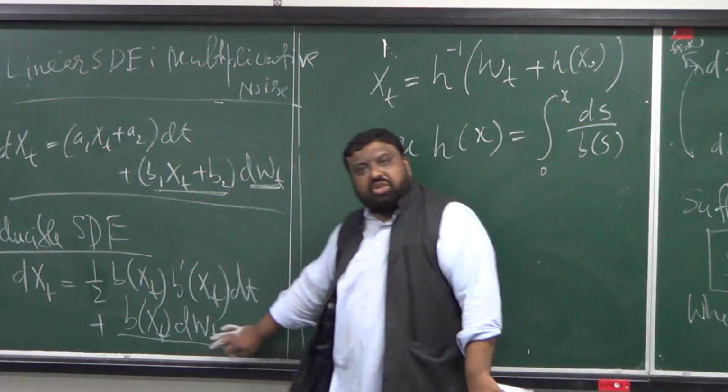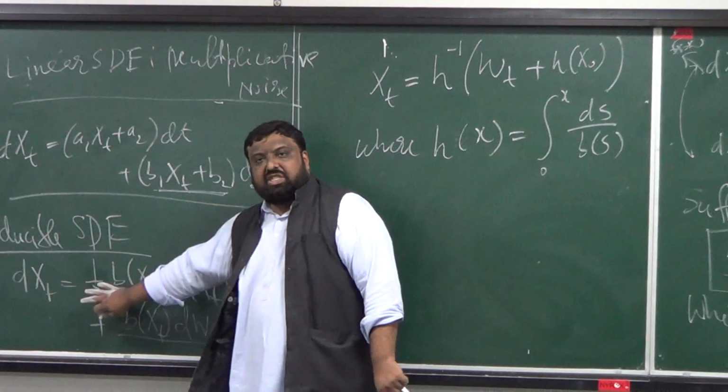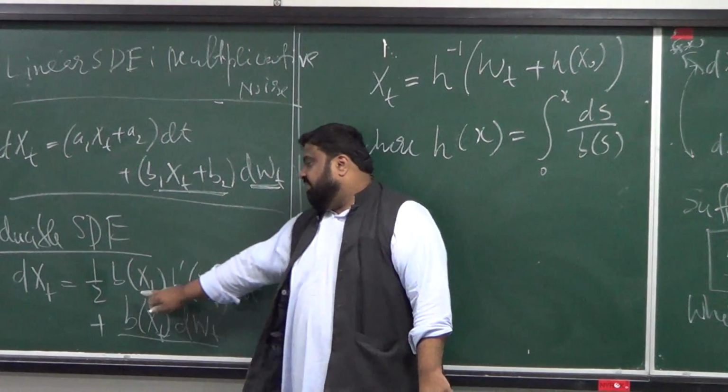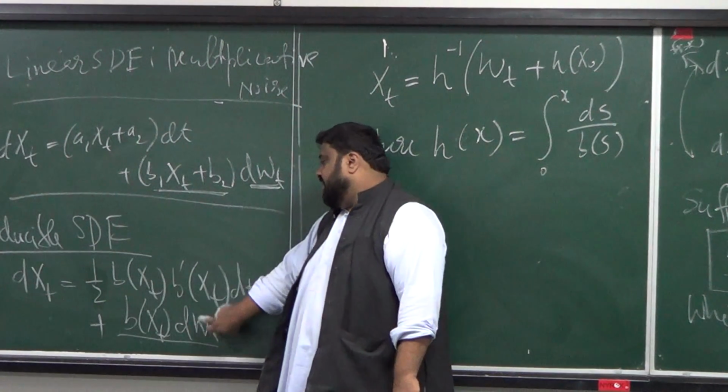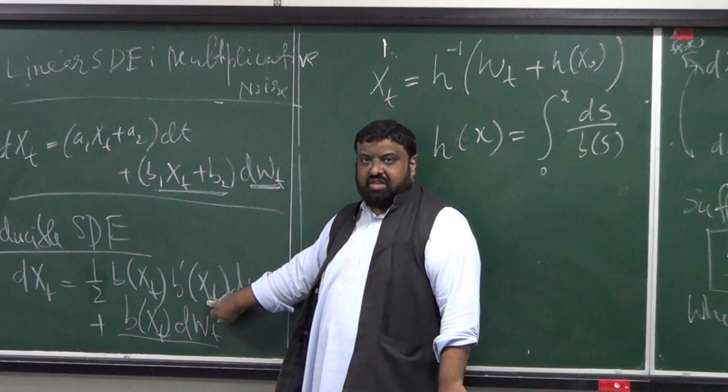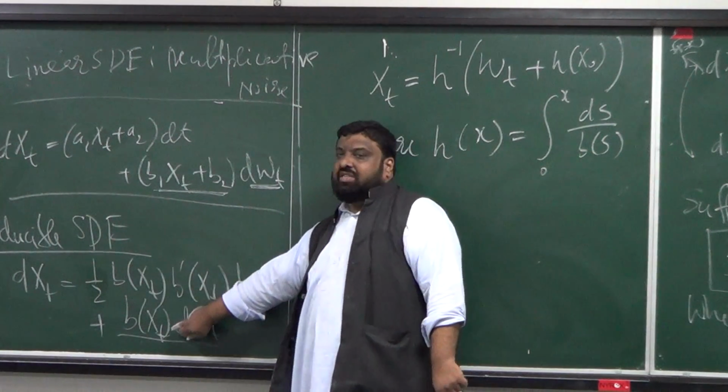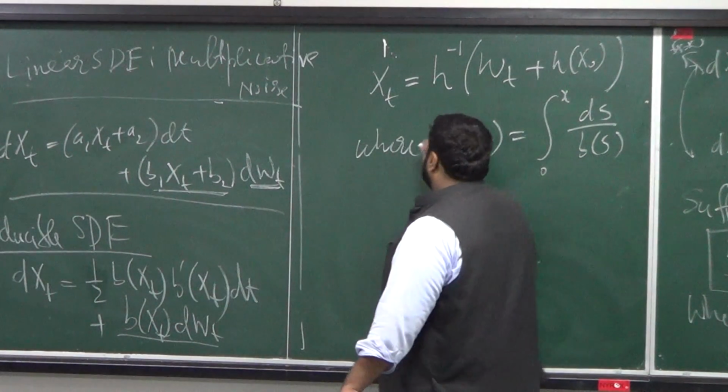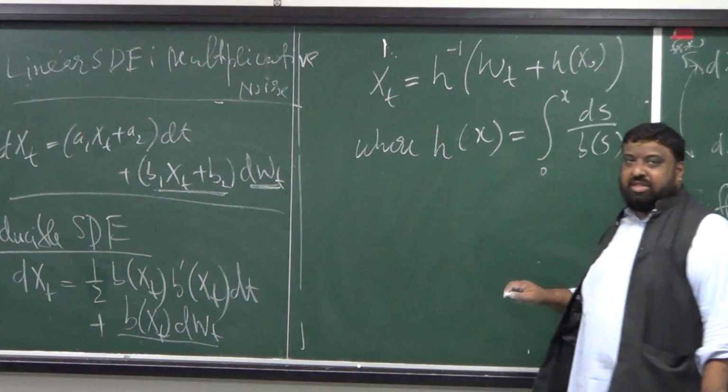So what is this telling you? Imagine you have an SDE of this form, in which you have half of a function multiplied by its derivative, and the same function appears in the diffusion as well. Then the solution of such a problem can be written as this.